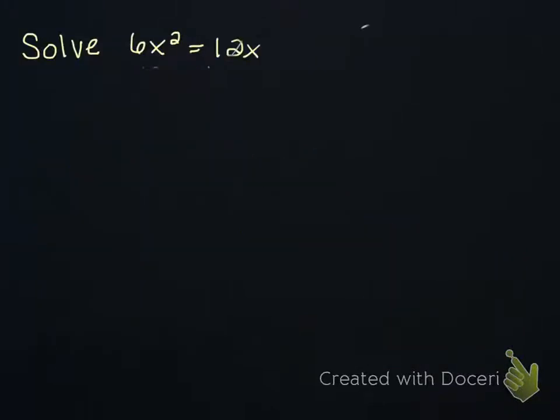Moving on to the next problem, we have 6x squared equals 12x. Standard form is ax squared plus bx plus c is equal to 0. And that means I need this moved to the other side so I can have it equal to 0. So the first thing I'm going to do is subtract 12x from both sides.